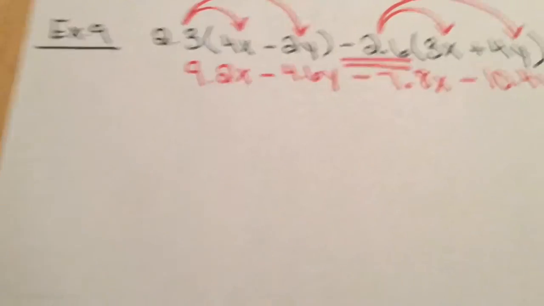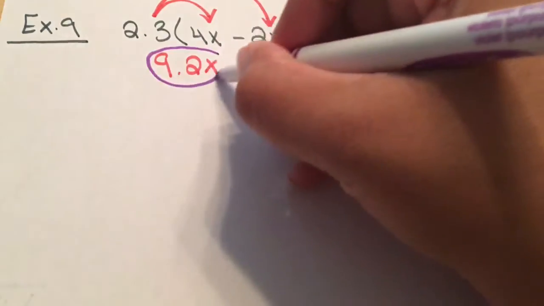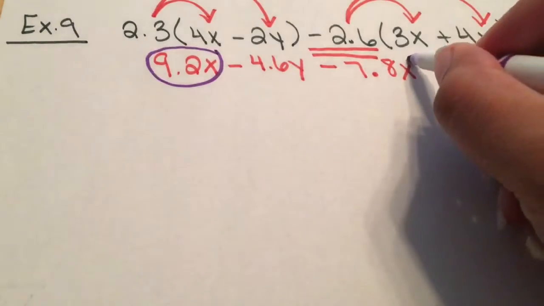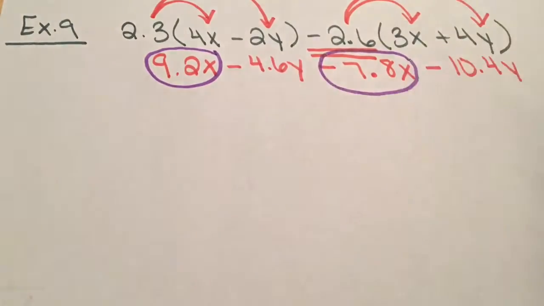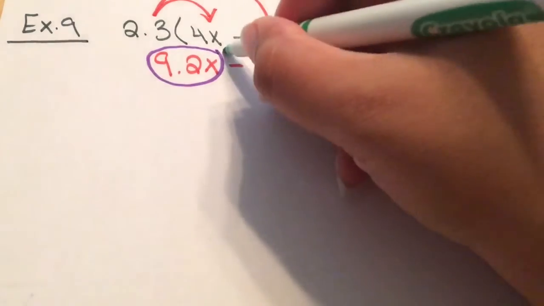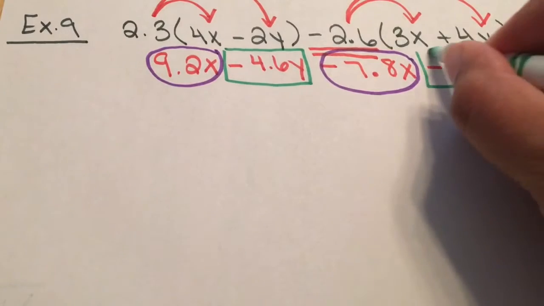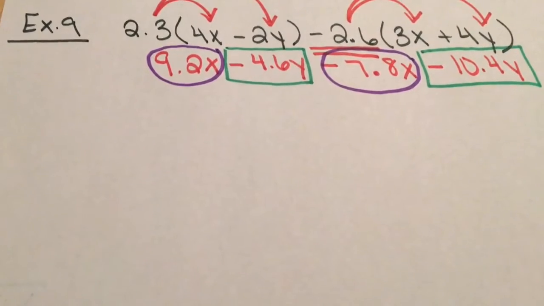Okay, now that we've distributed and removed all of our parentheses, we're going to go ahead and combine our like terms. So 9.2x and negative 7.8x is like, as well as negative 4.6y and negative 10.4y. So the first thing I want to do is combine my x's.